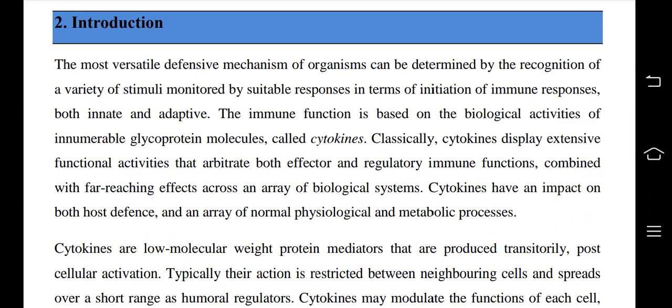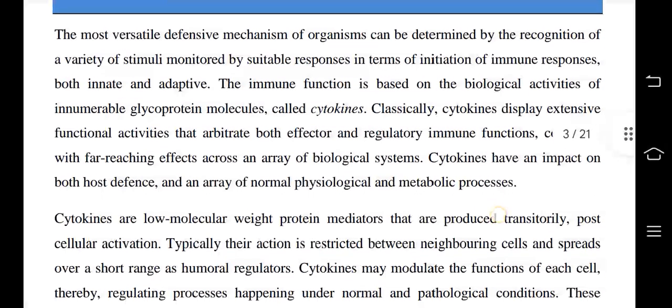Let's have an introduction about this topic. The most versatile defensive mechanism of organisms can be determined by the recognition of a variety of stimuli, monitored by suitable responses in terms of initiation of immune responses, both innate and adaptive.